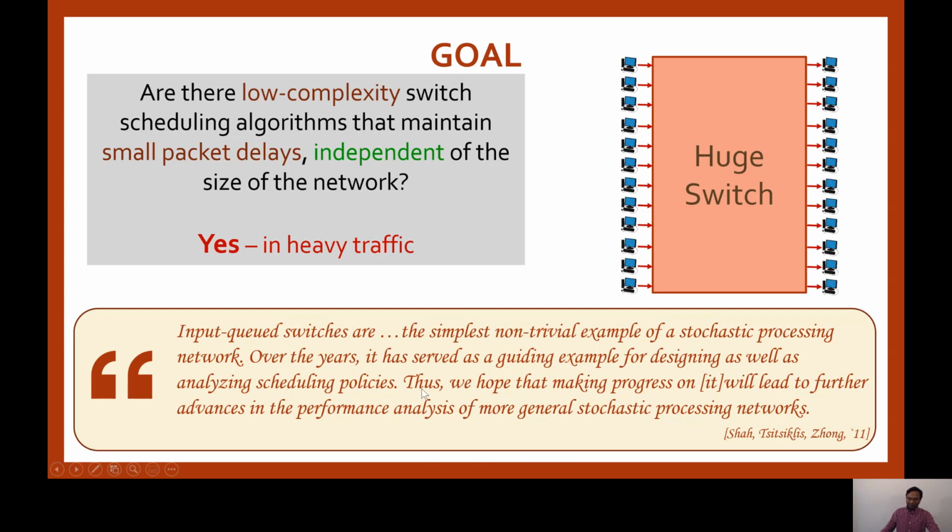In fact, this is a quote from a paper by Devavrat Shah and John Tsitsiklis, where they say that input queue switches are the simplest non-trivial example of a stochastic processing network. Over the years, the input queue switch has served as a guiding example for designing as well as analyzing scheduling policies. So we hope that making progress on it will lead to further advances in the performance analysis of more general stochastic processing networks. This motivates our study of an input queue switch.